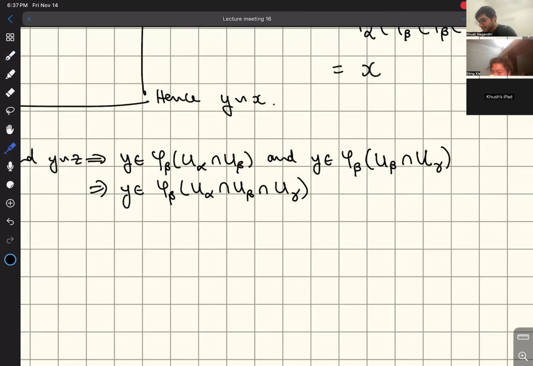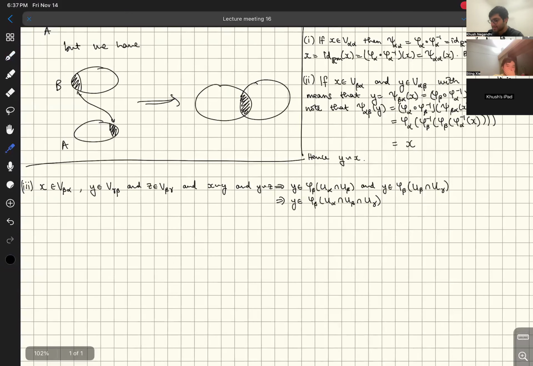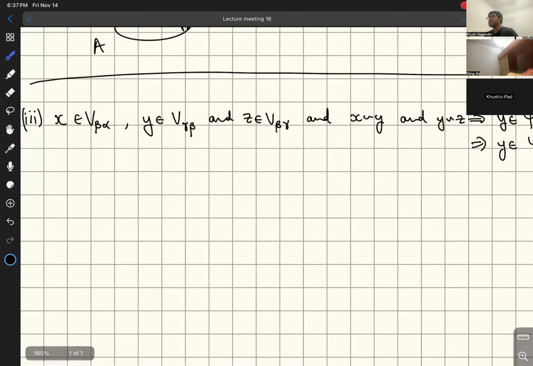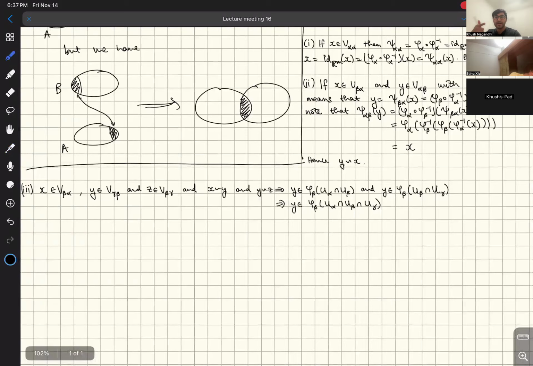So we are looking at the case where u alpha, u beta, u gamma all intersect. This is more of a technical detail that doesn't need to be mentioned too much, but it'll make the compositions that we define in just a moment make sense.